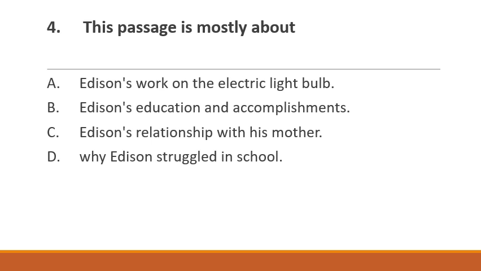And we talked a little bit about why Edison struggled in school. But the main idea, the passage is mostly about the second one. It's mostly about his education and his achievements, accomplishments, or inventions. That's for question number 4.